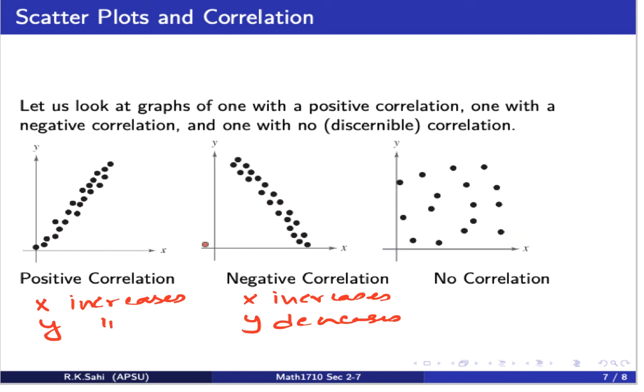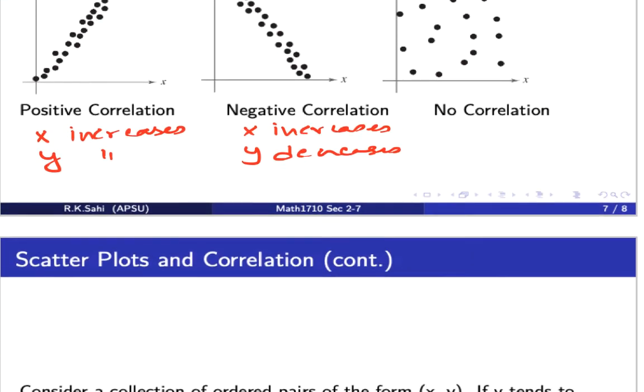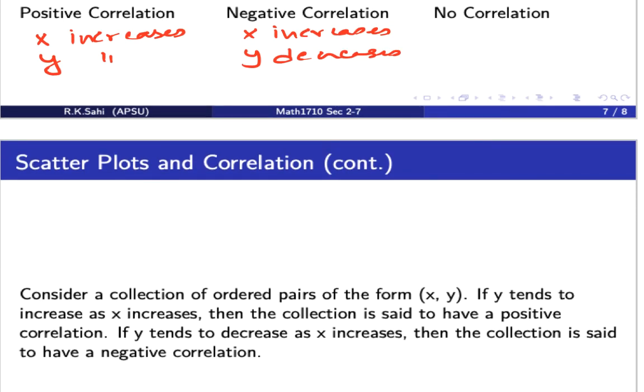So the scatter plots and correlations are in this form. In a very formal manner, this is what we say. If you have a collection of ordered pairs of the form x and y, if y tends to increase as x increases, then we say the collection of these ordered pairs has a positive correlation. In other words, we are going like this.